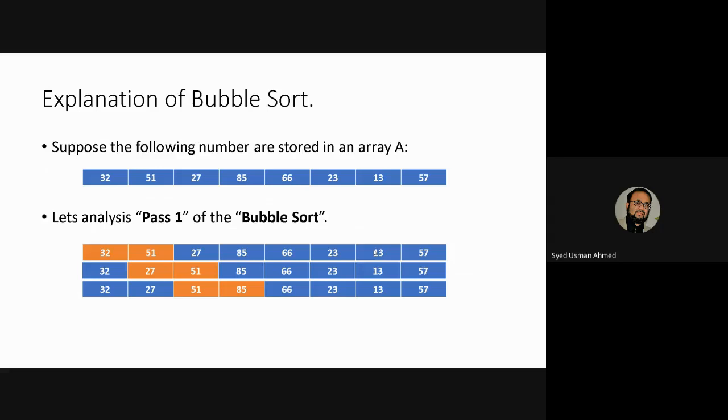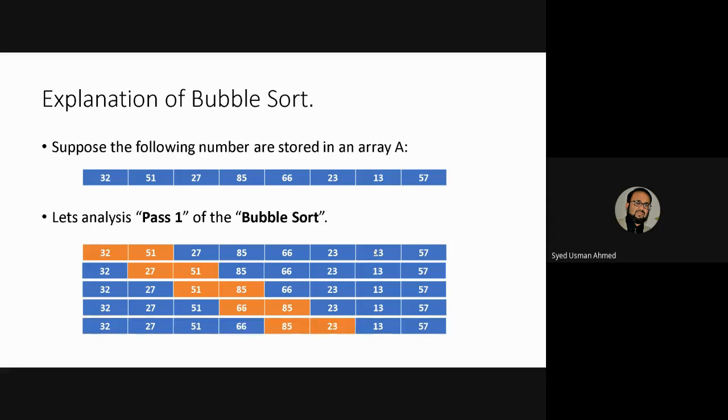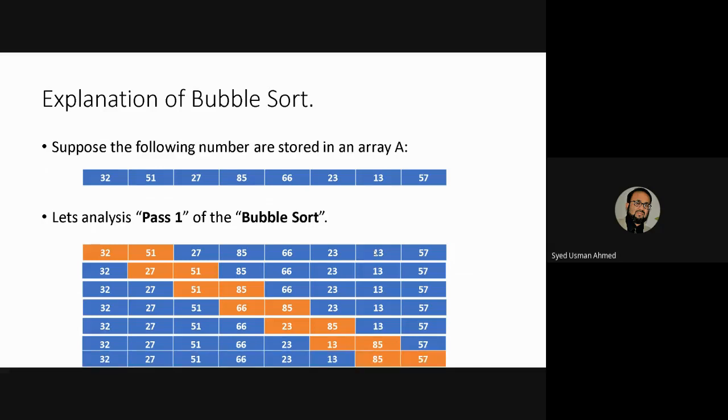It will not interchange. We do the same thing with 85 and 66, and we interchange 66 with 85. Now we move ahead to 85 and 23. Again, an interchange, because 85 is more than 23. Then the system compares 85 with 13 and interchanges 13 with 85. And finally, the last comparison is with 57, so we interchange 57 and 85.